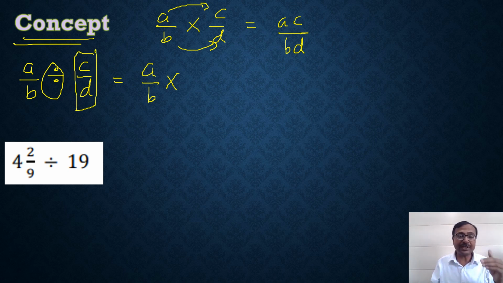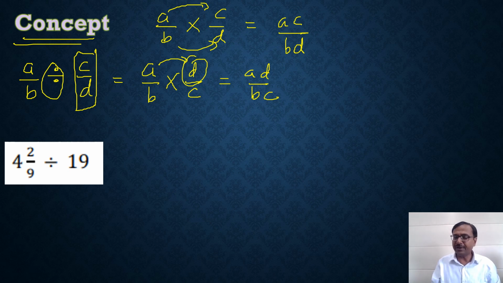That means you have to take the reciprocal of the second fraction. So c upon d will become d upon c, and therefore the answer will be ad upon bc. That means a multiplied by the numerator here d and b multiplied by the denominator here c. That's called the division of fractions. That's the way you do it, right?